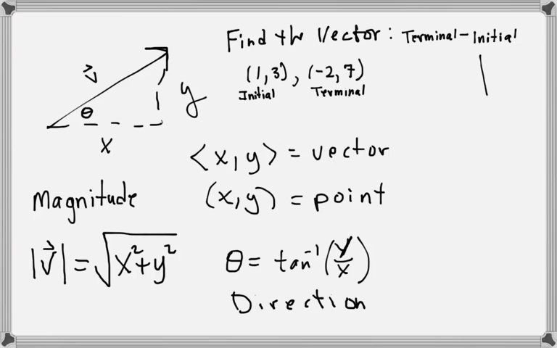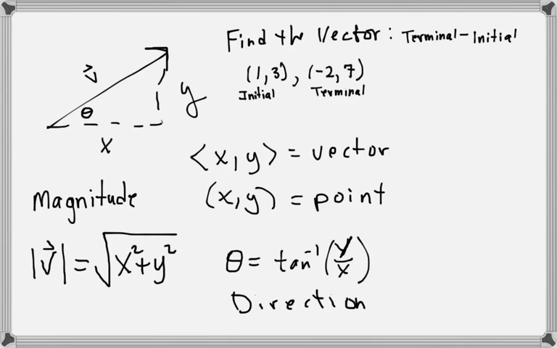Literally, you're going to keep the actual pieces together, so x's go with x's and y's go with y's. If you subtracted it backwards, initial point minus terminal point, then your vector components are going to have the opposite signs as mine, which means your direction is different than mine, which means you have an opposite vector, not the vector that I'm looking for.